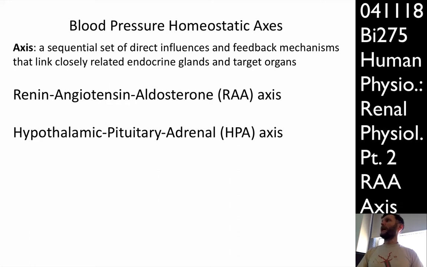And then there's the hypothalamic pituitary adrenal axis, the HPA axis, and we will touch on that as well. So these two sort of corridors of control for blood pressure. And I don't want to pretend that these axes are fully independent of one another. They're not. They interact, and we'll see how they interact.